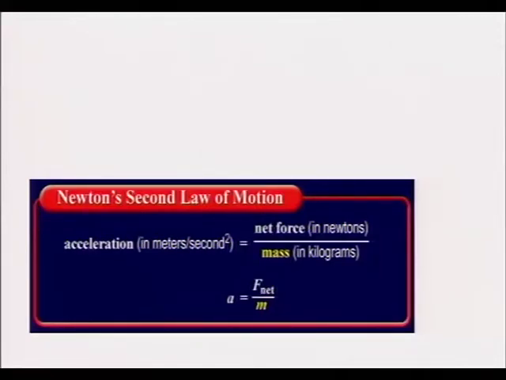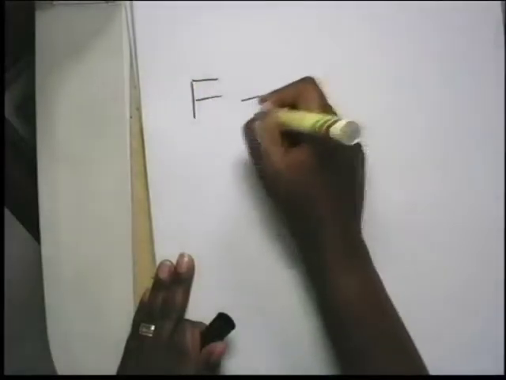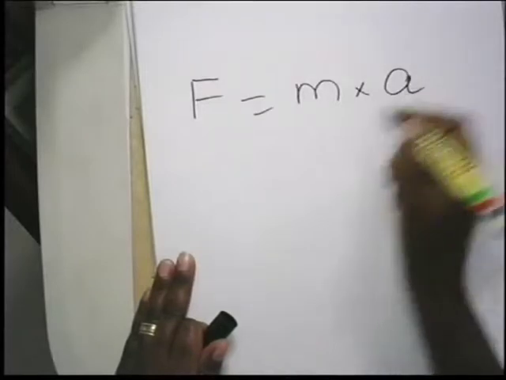To calculate the acceleration, we use the formula given by Newton's second law of motion, which says force is equal to mass times acceleration.